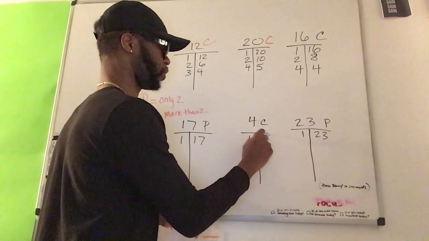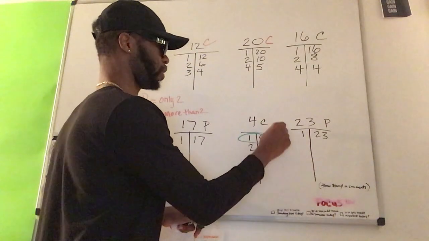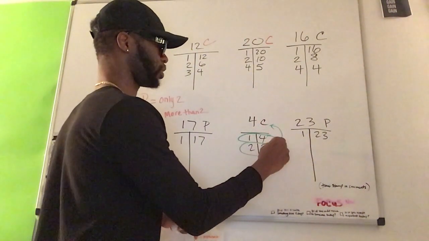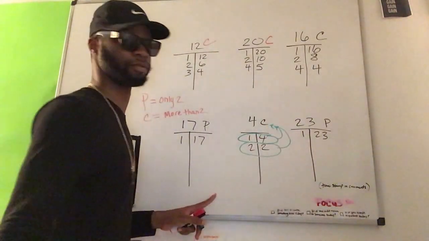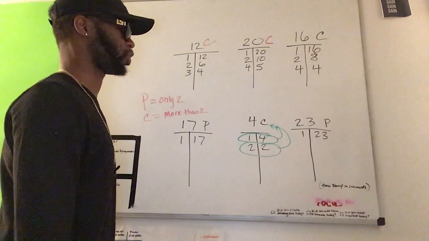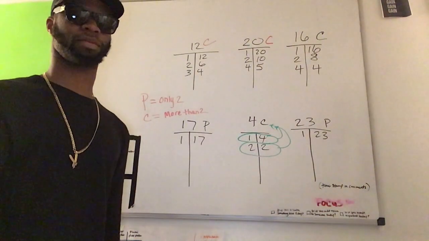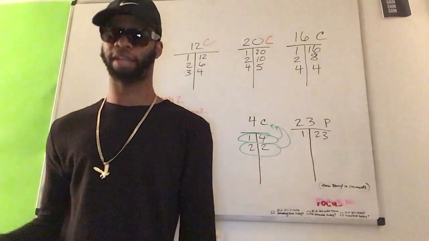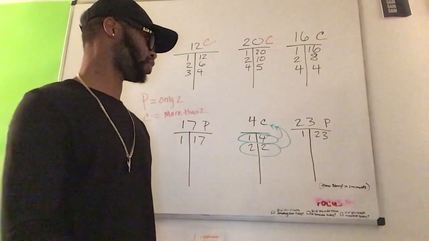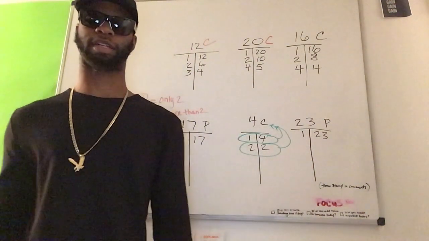I multiply 1 times 4. That's one pair of numbers to get 4, right? I also multiply 2 times 2. That's another pair of numbers to get 4. I just multiplied 2 pairs of factors to get 4. So if I ask you how many factor pairs there are for the number 4, you'll tell me that there's 2 pairs of factors.